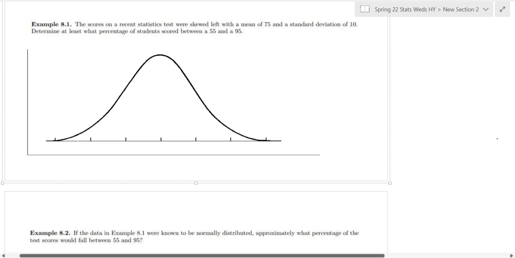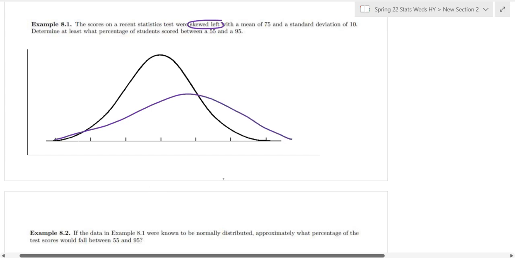This is a normal curve, so that's not the right curve for this because it's skewed left. Skewed left is going to look more like this, where more of the data is on the right side, because it's a test, so there's going to be more scores above 50 than below.